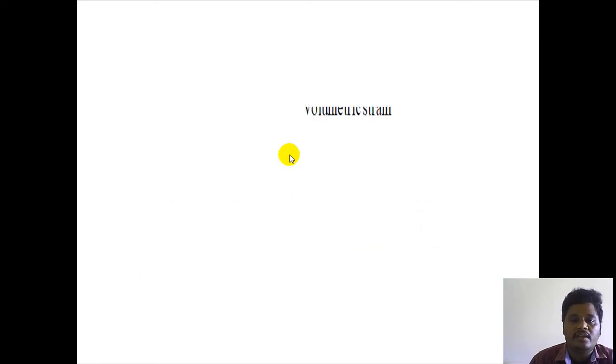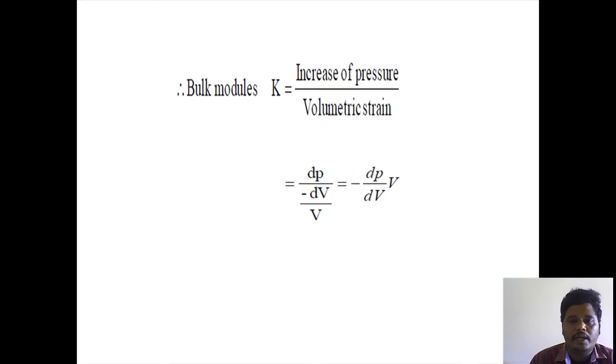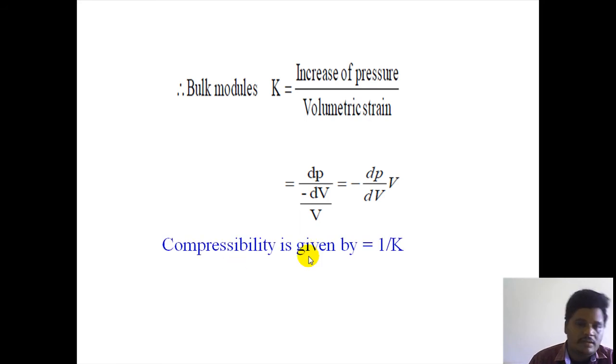Increase of pressure is dP, volumetric strain is minus dV by V, so K is equal to minus dP by dV by V. Compressibility is defined as 1 divided by K, the reciprocal of bulk modulus.